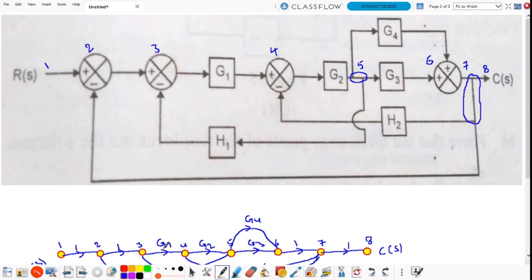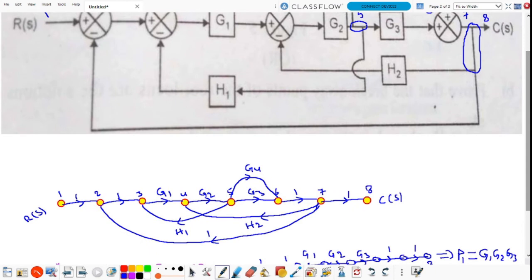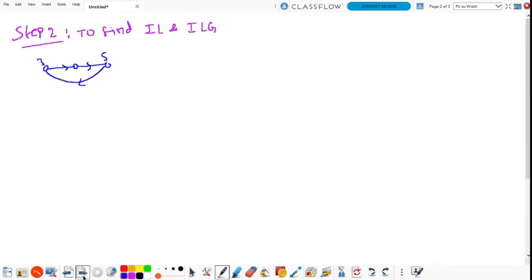Here the gain is G1, G2, H1. That is the first individual loop.